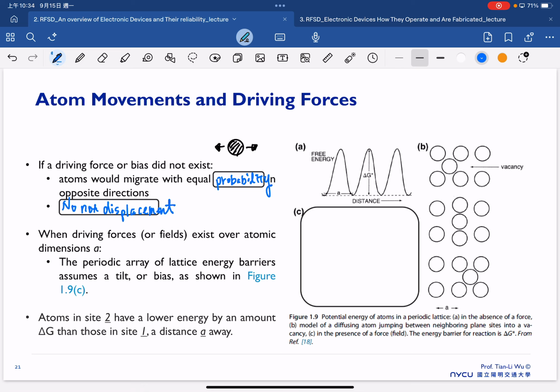Of course, this is not the case we are interested in. We are interested in when there is a driving force, when we apply an external force. If we apply an external force, we can understand the condition under which this external force triggers the Alton movement.